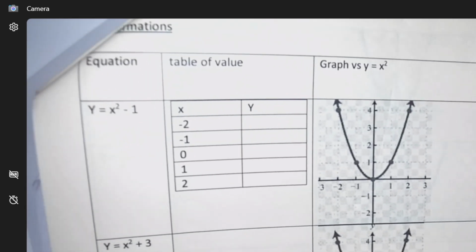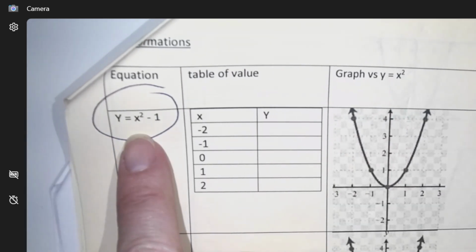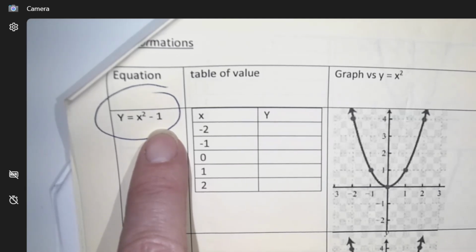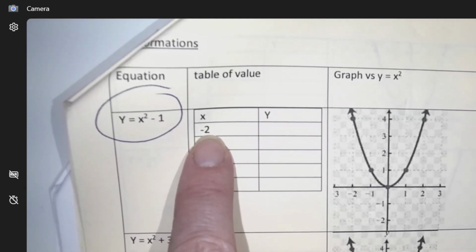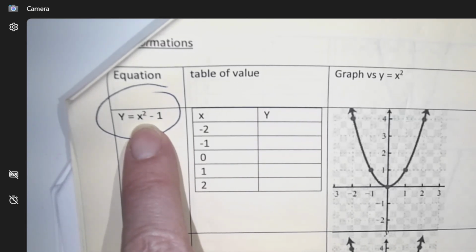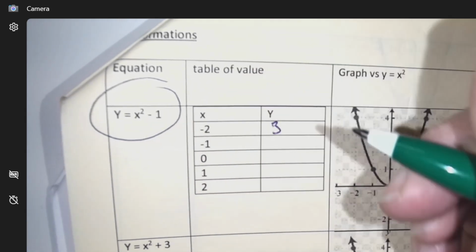Okay, so here's some basic parabolas. So here's my equation. Y equals x squared minus 1. Okay, ready? We're going to plot. So what is negative 2 squared? 4. Minus 1 is 3.